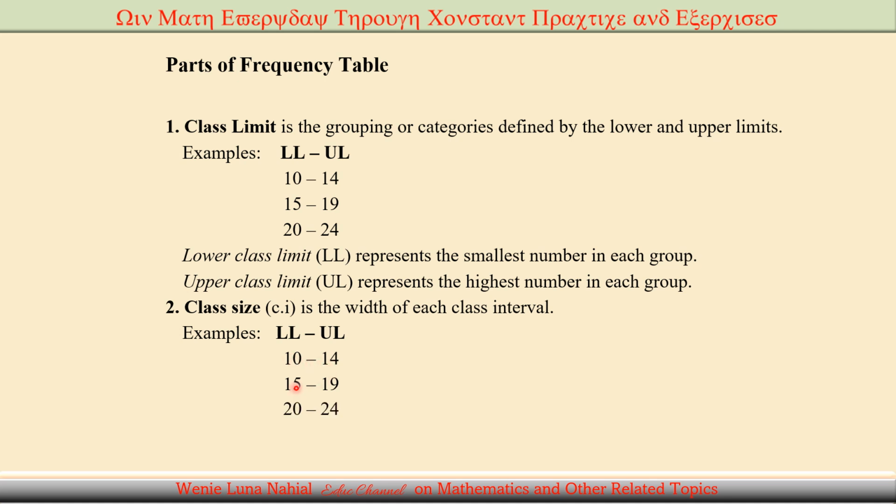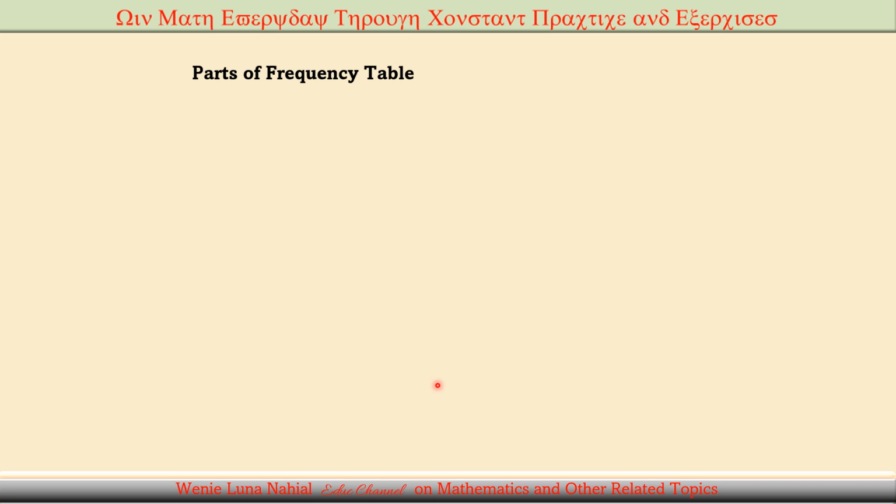Same also for 15 to 19, 20 to 24. The class size or the class interval in this score distribution is 5. So 10, 11, 12, 13, 14. So the class size or the class interval here is 5.